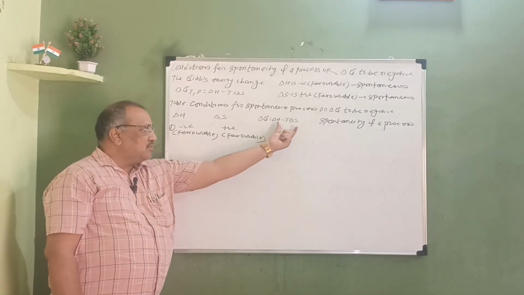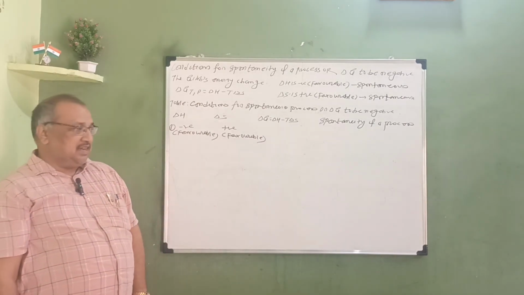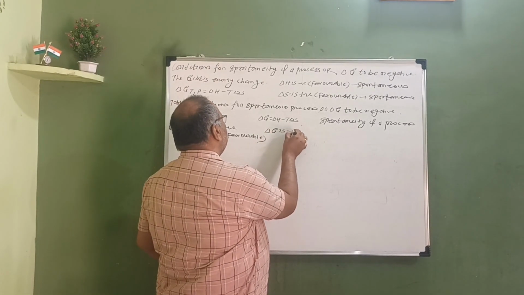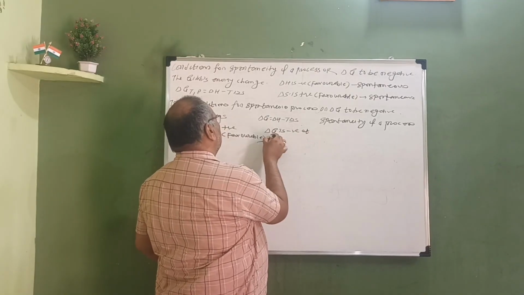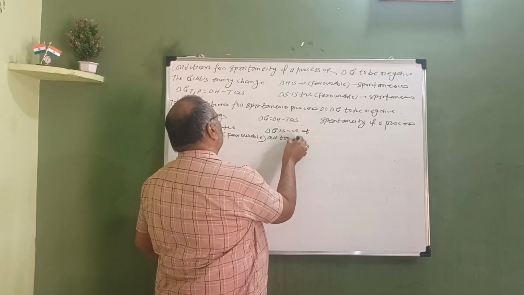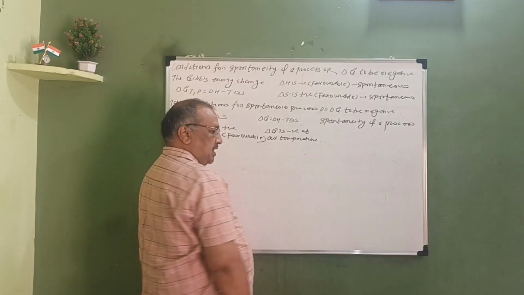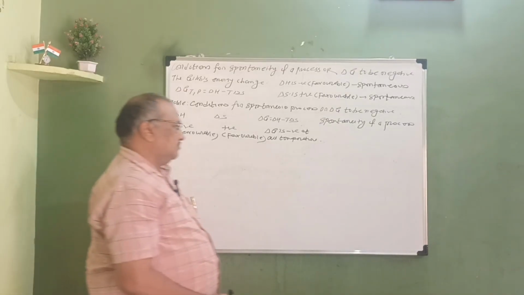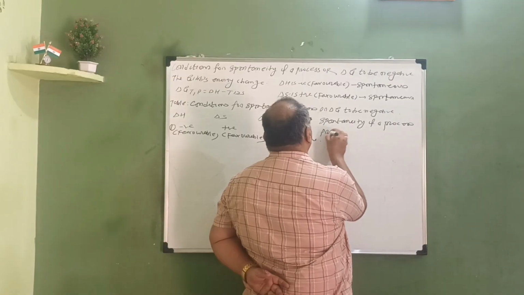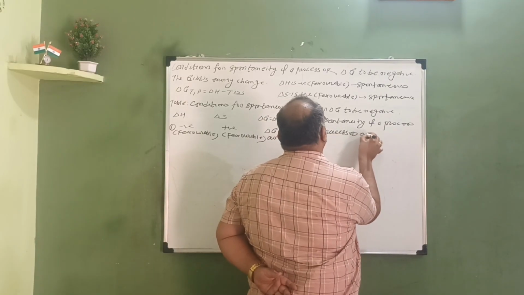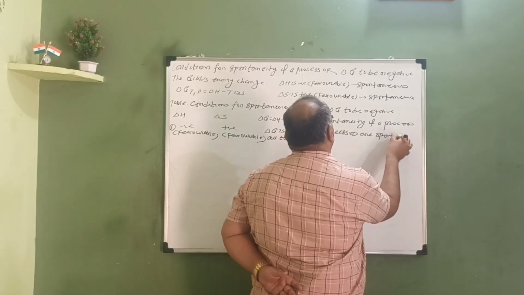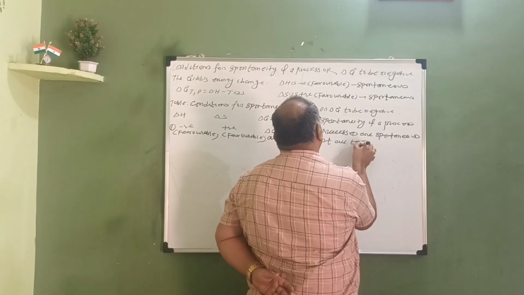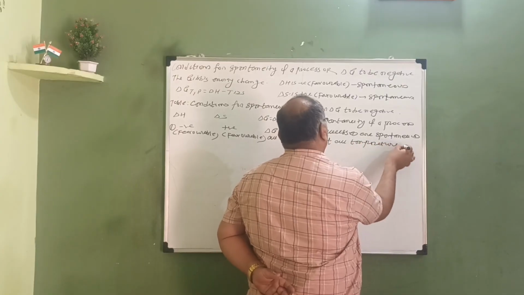That means this is negative and this is also negative, and hence this delta G is negative at all temperature. That means here the processes are spontaneous at all temperature.